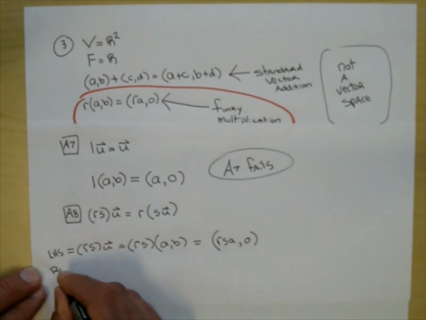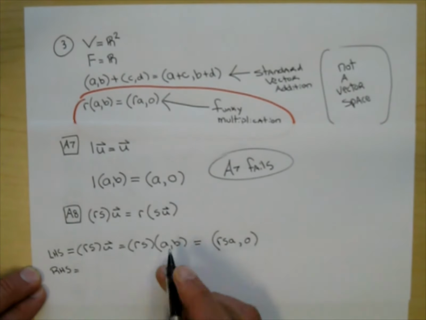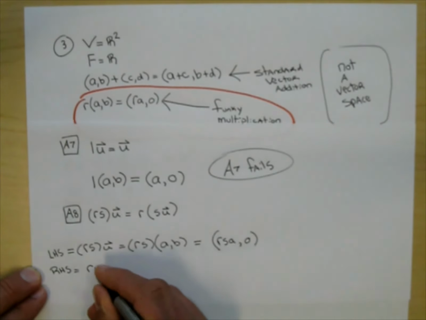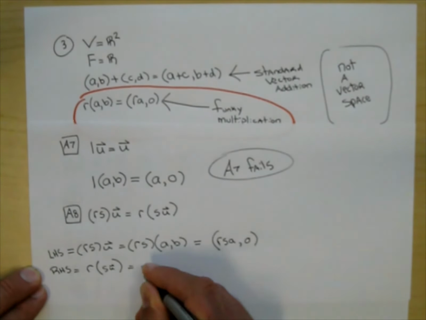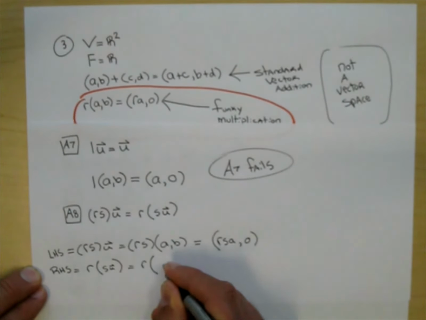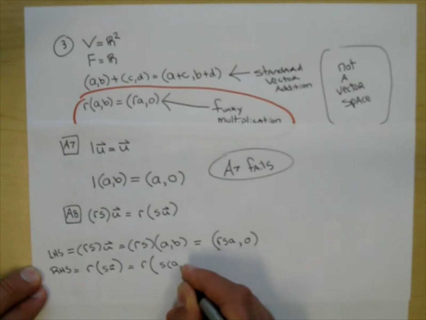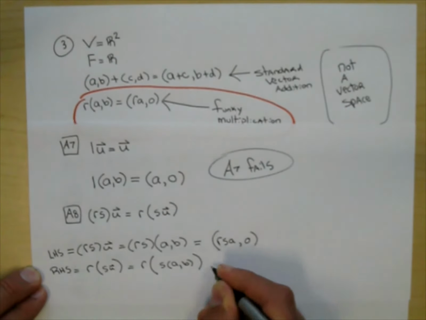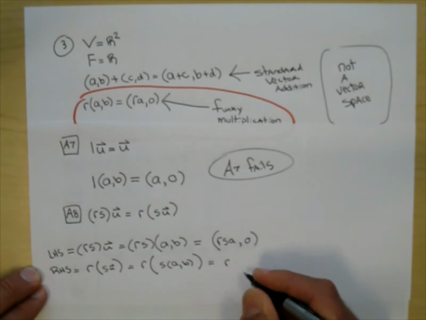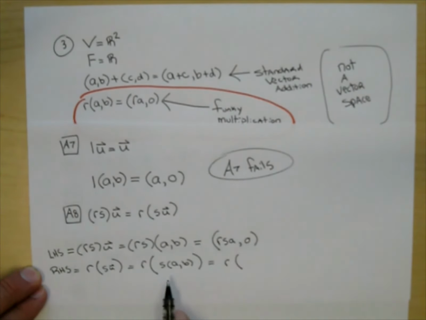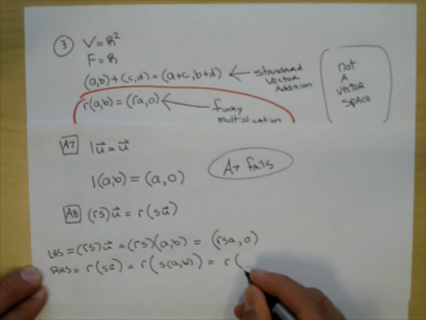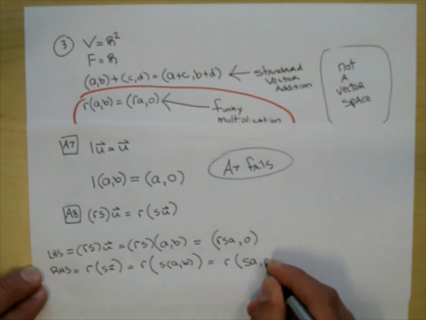Now the right-hand side, let's check that out. This is R times (SU), which is R times S, and then U will make (A, B). So this is R. Now we're going to do funky multiplication, which would be (SA, 0).